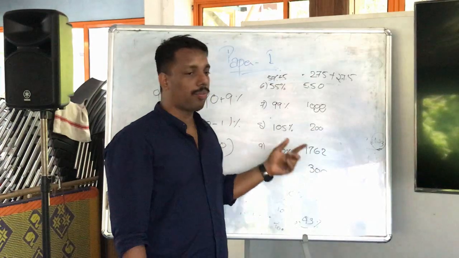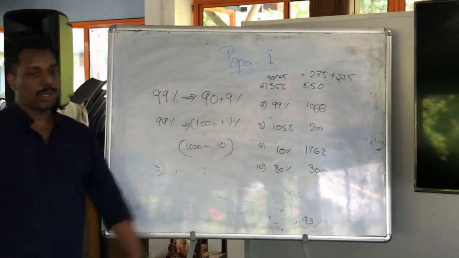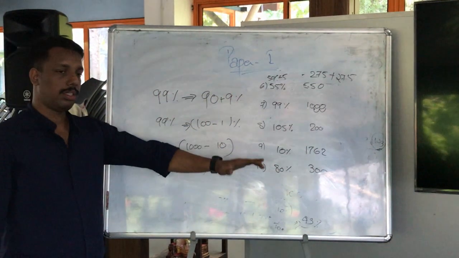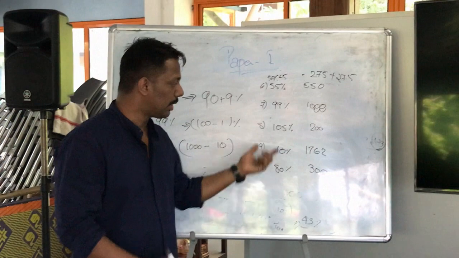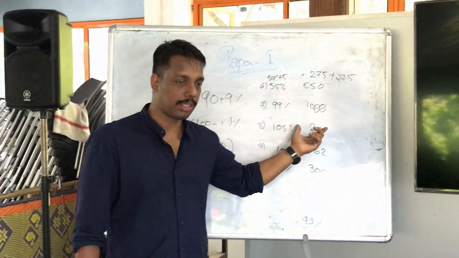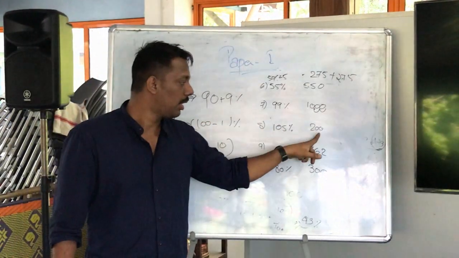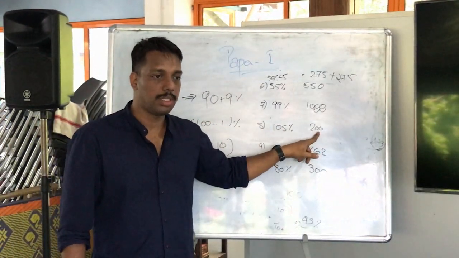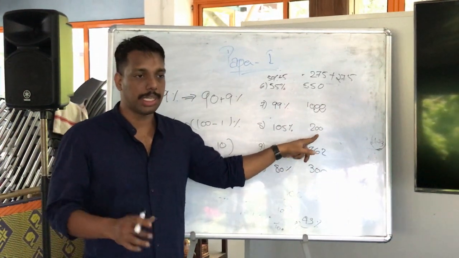What is 105% of 200? 105% means 100% plus 5%, right? What is 100%? The number itself, 200. What is 5%? Half of 10%. 10% is 20. Half of 20 means 10.